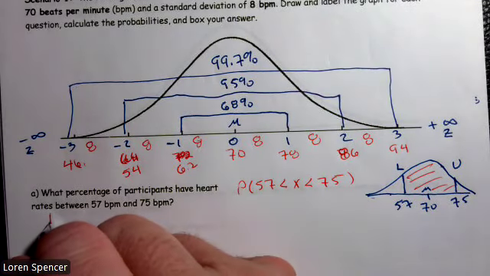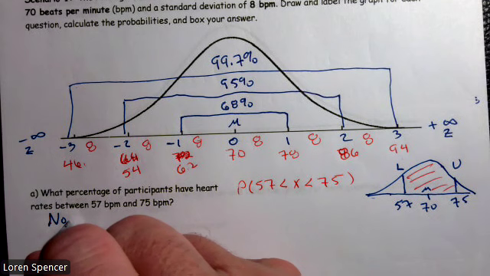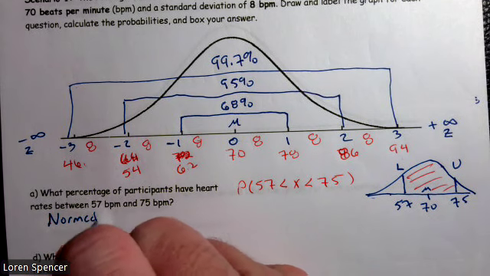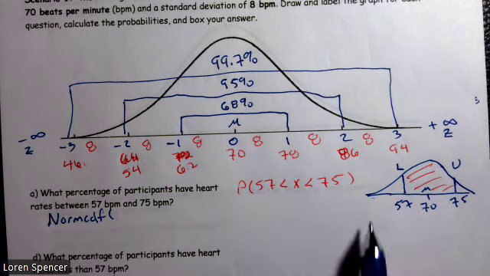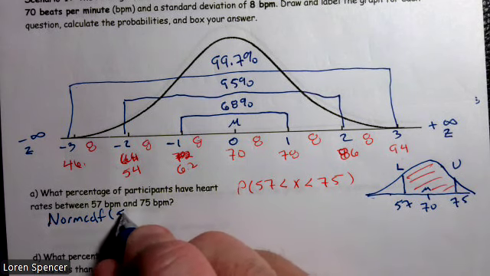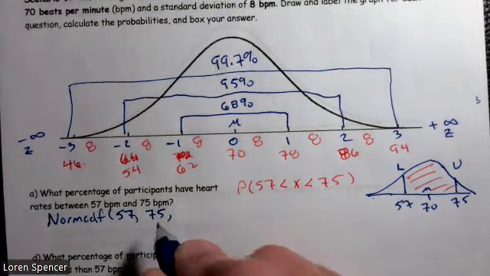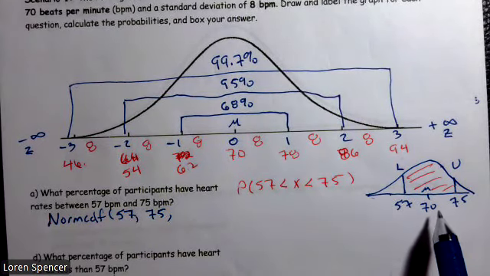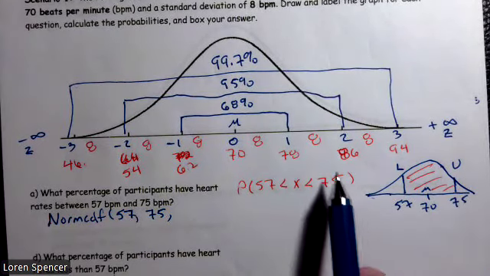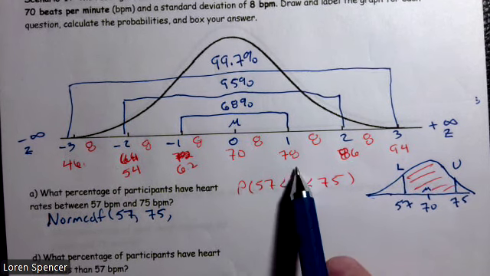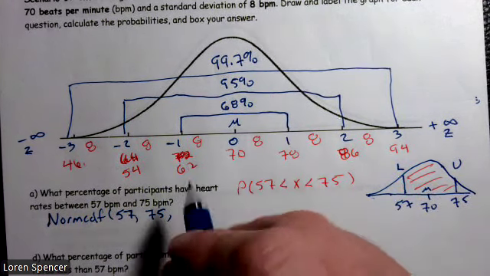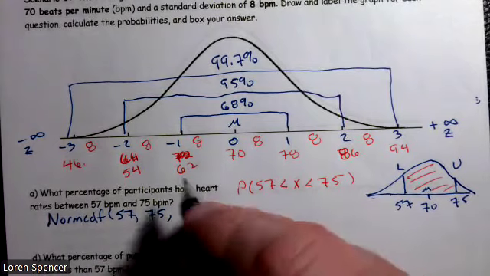As we've done before, we're going to go norm CDF. And we have a lower bound of 57, upper bound of 75, a standard deviation of 8, and we had a mean of 70.